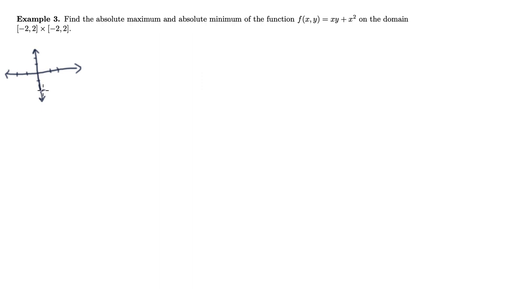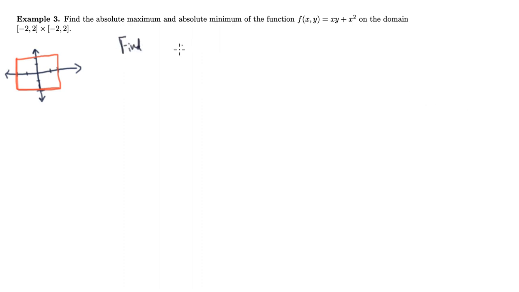So what that means is that we know we're going to have an absolute maxima, an absolute minima on our domain, which I will draw as such. Okay. And so the first thing we want to do is find any critical points. So we will find the critical points.